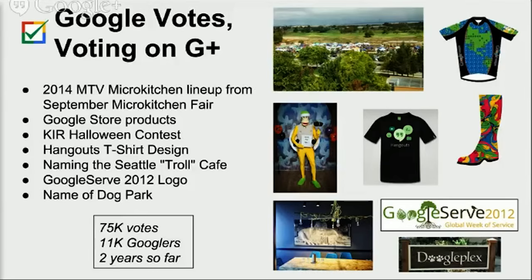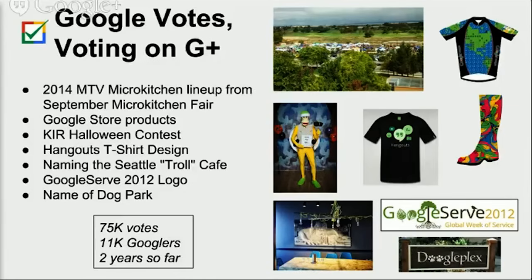But by far the biggest one has been the September Mountain View Microkitchen Fair, an event where about 8,200 Googlers attended, and we got 4,600 Googlers to vote.